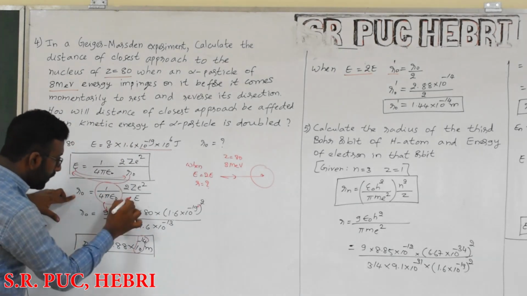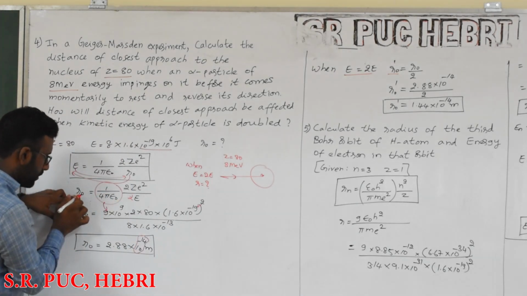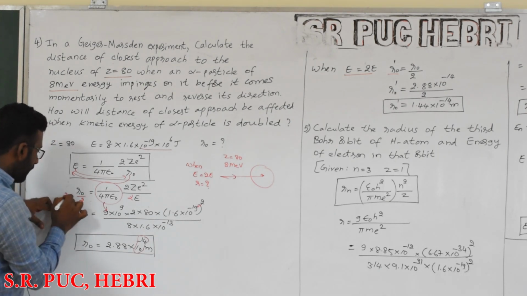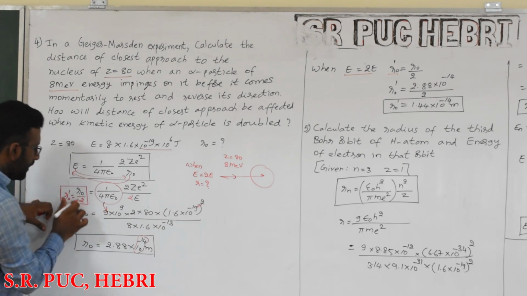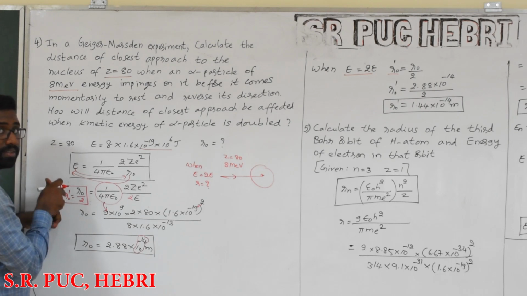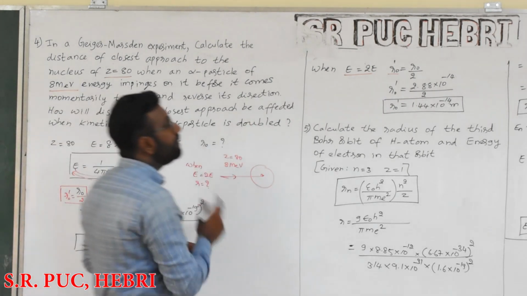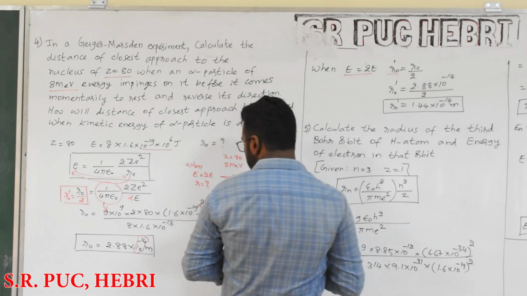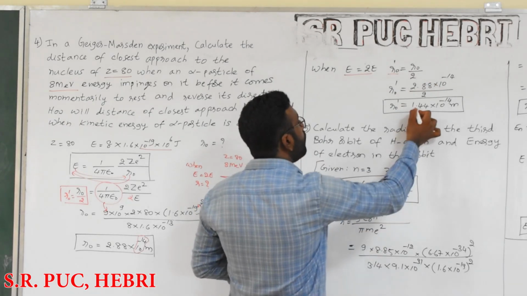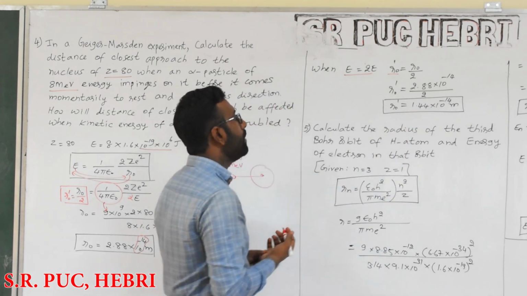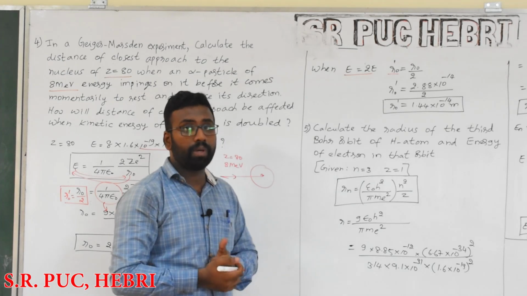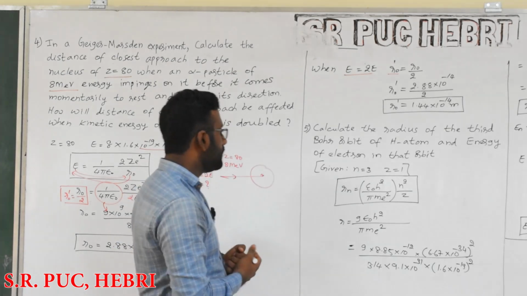When E becomes 2E, R naught is just getting divided by 2. So R naught dash is nothing but R naught divided by 2. Now we will just substitute for R naught: 2.88 into 10 to the power minus 14 divided by 2 will give you 1.44 into 10 to the power minus 14 meter. So this is the value. Try to solve the problem on your own. We will move on to the next problem.